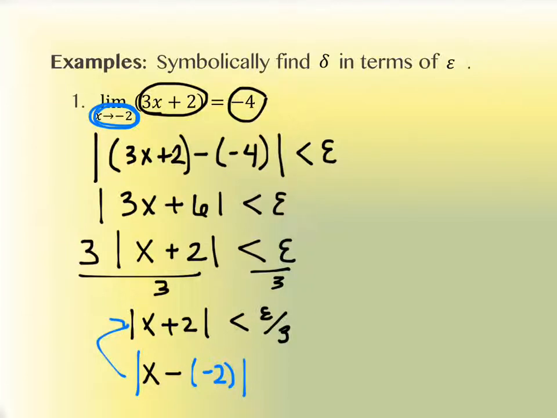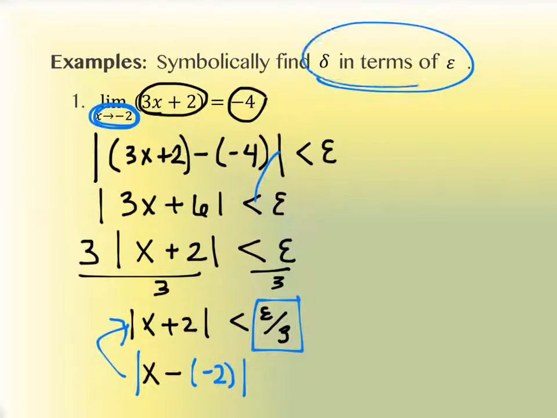And is that where we ended up? Yes, it is. This is the symbolic delta in terms of epsilon that we were asked to find. Okay? So in terms of the question as it's exactly stated, this is it. But this is not done.